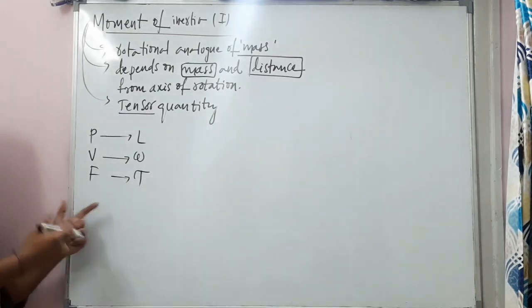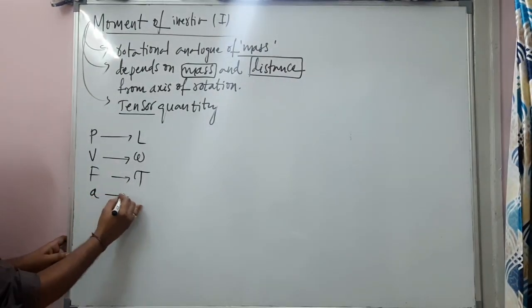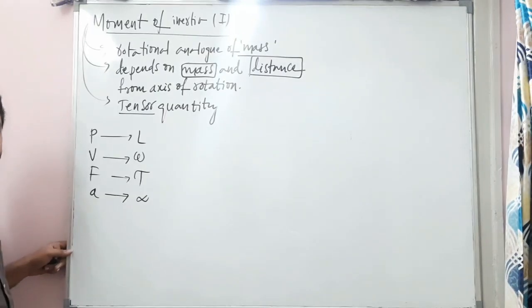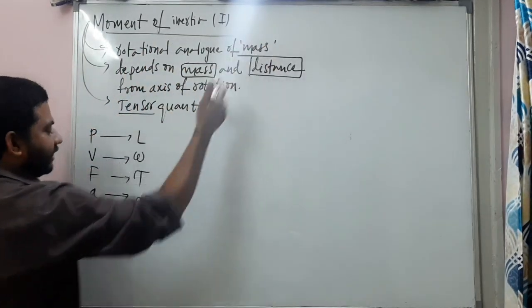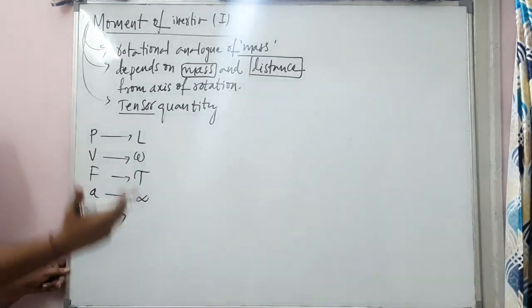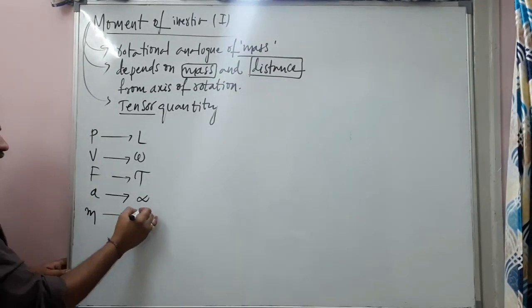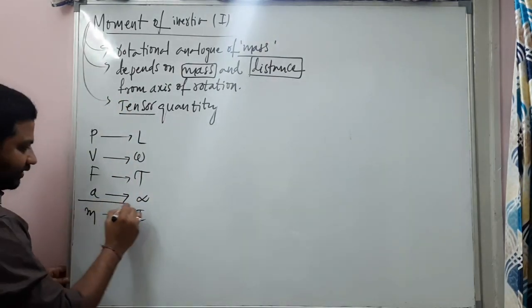In the same way, there are so many other quantities we have written. The linear acceleration a can be written as angular acceleration alpha in rotatory motion. And in the same way, there is mass in linear motion; in rotational motion, the same mass can be represented with a physical quantity called the moment of inertia. So this is very important.